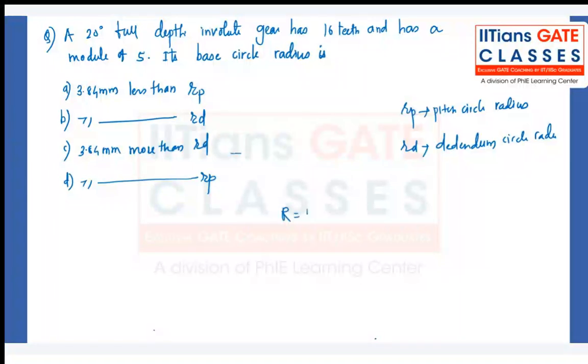So what is R? R is equal to MT by 2. R is your pitch circle radius, that is MT by 2. Module is equal to D by T. This implies diameter is equal to MT, so R is equal to MT by 2.